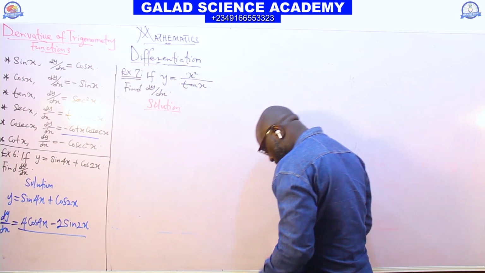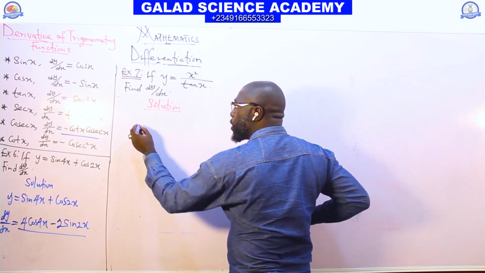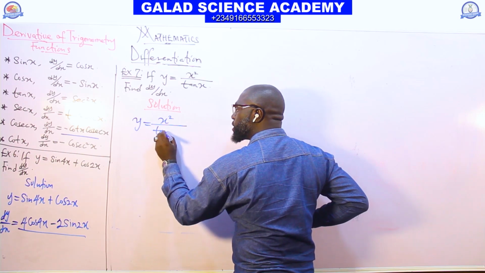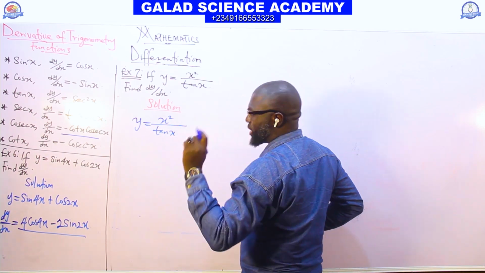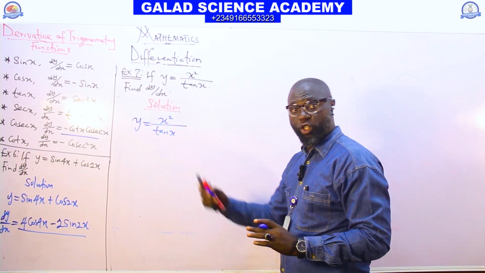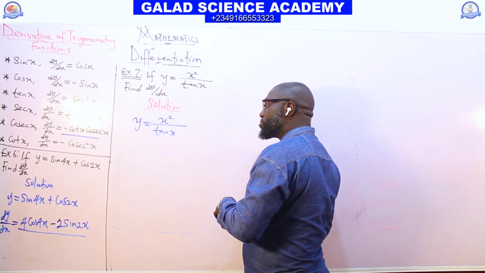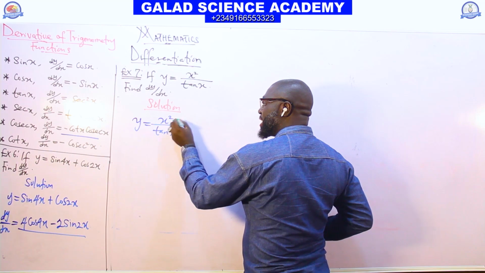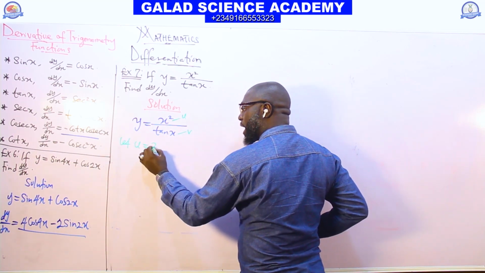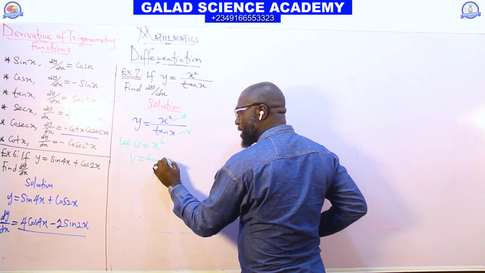The question given here is y equals x squared and tan x. This is the quotient rule. A quotient involves division. So the first thing we do is say let u equal x squared and v equal tan x.